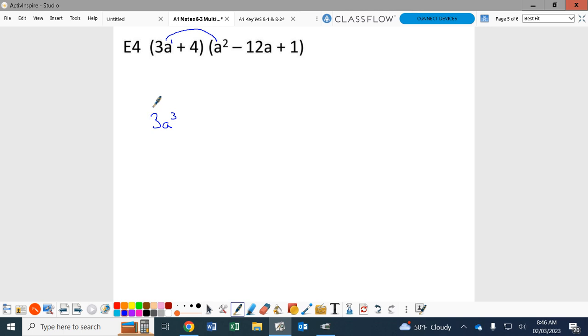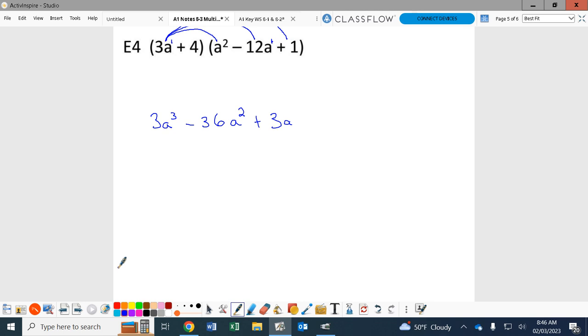Okay, here we go. 3a times negative 12a is going to be negative 36 a to the what? Second. Because 1 and 1 is a total of 2. And then when you multiply anything times 1, 3a times 1 is just going to be 3a.